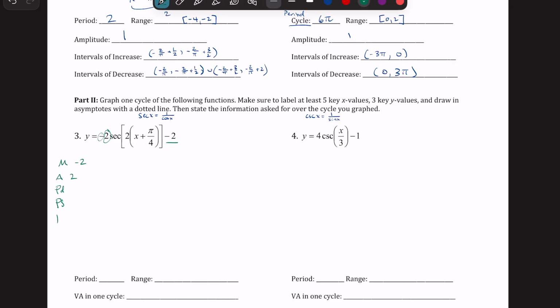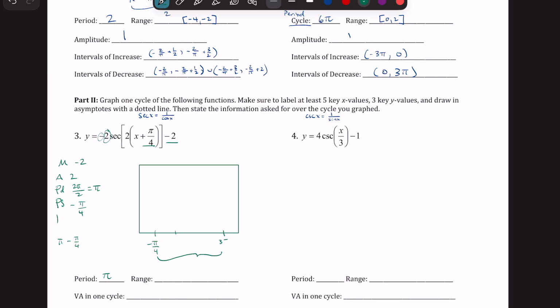So the period, the phase shift: we get 2 pi over 2, so the period's gonna be pi. And the phase shift, if I look, is left pi over 4, so it's gonna be -pi/4. So I'm gonna make that box that I made earlier. So -pi/4, and we know the distance here is pi. So if I really think of it, it's pi minus pi/4.